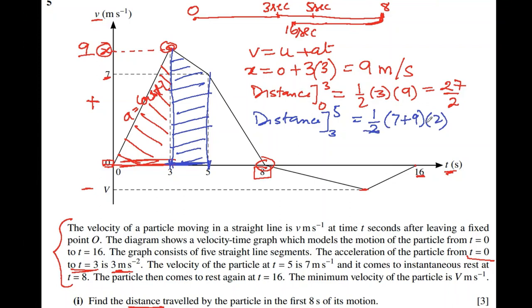So we can cancel this 2 and this 2, and it becomes 16 meters. This was 27 over 2 meters. Third, this triangle.